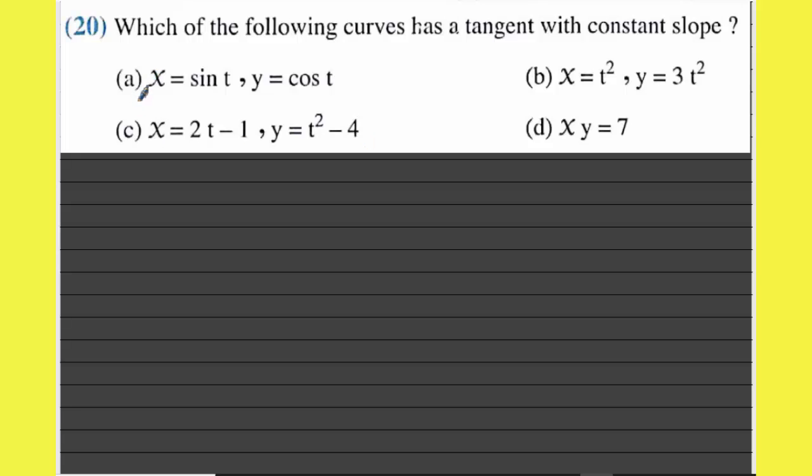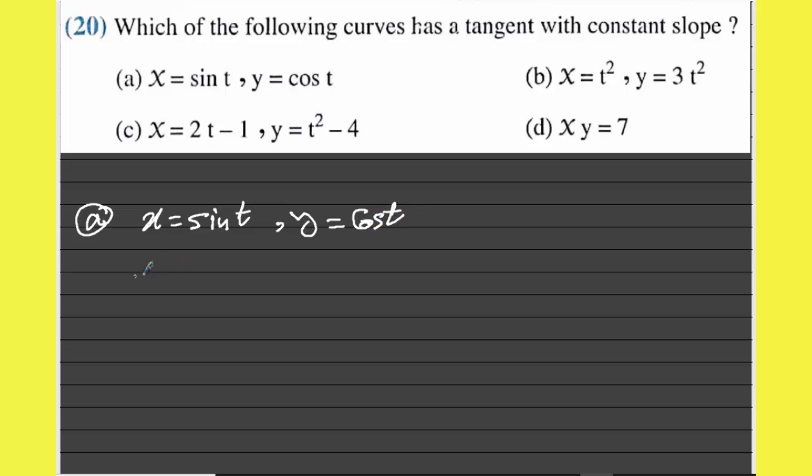Question number 20. Which of the following curves has a tangent with a constant slope? Let us test each of these curves. We have A: x equals sine t and y equals cosine t.